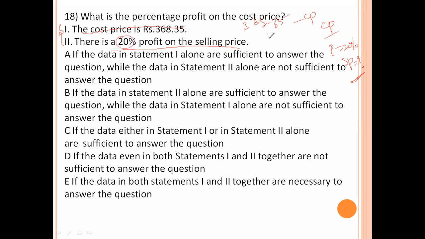But in the second case, suppose 100 is the selling price and the profit is 20%. Profit percentage equals profit by selling price into 100, so profit is 20.